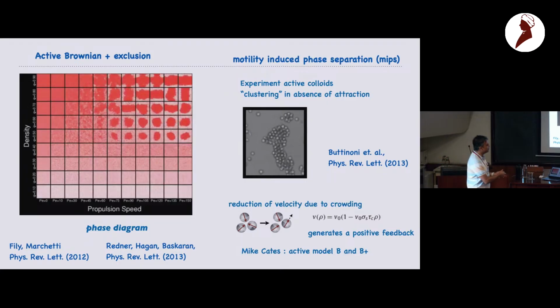Then there will be a positive feedback: these guys will come together, and by the time the direction of motion changes away from the collision, if they are already crowded and trapped by other particles surrounding them, there is no way that they can come out of this collision. So they will get trapped. And this trapping makes these high density regions in these systems.